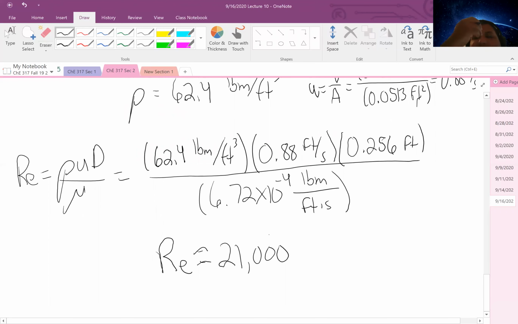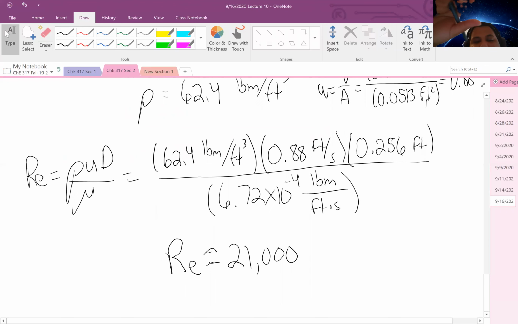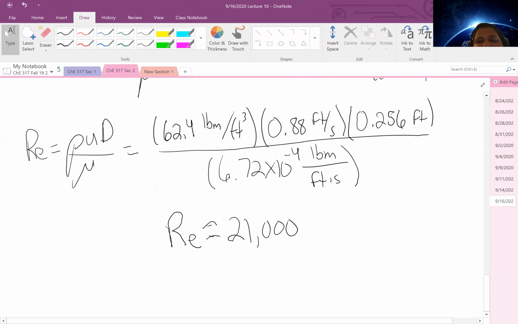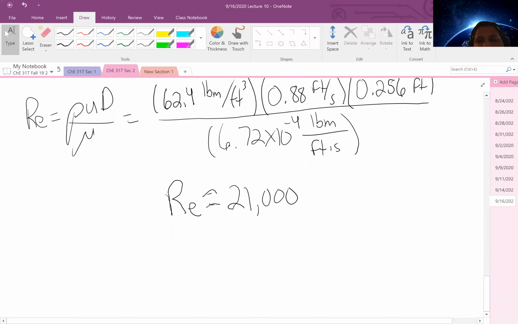And what I'll say for these types of problems is you don't have to be super exact about the Reynolds number, primarily because when you're looking at that log plot, there isn't a whole lot of figures really present in that chart. So I ended up with 20,918, which tells me the Reynolds number is somewhere on the order of 21,000.